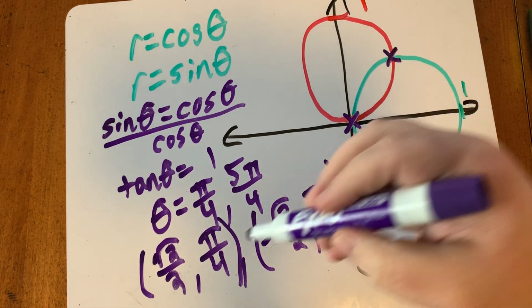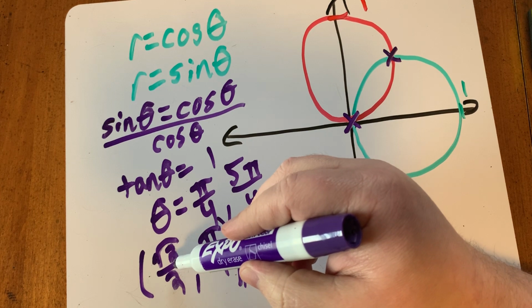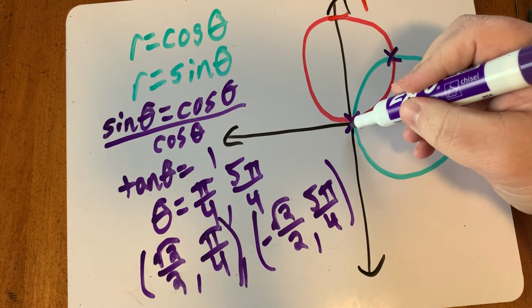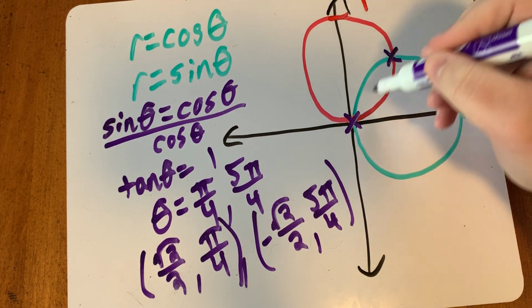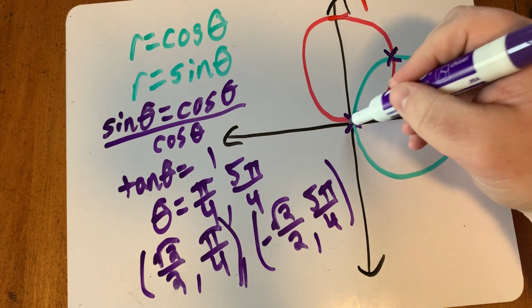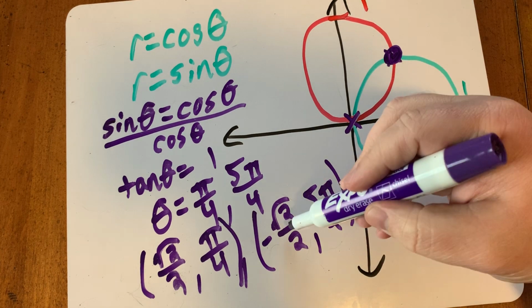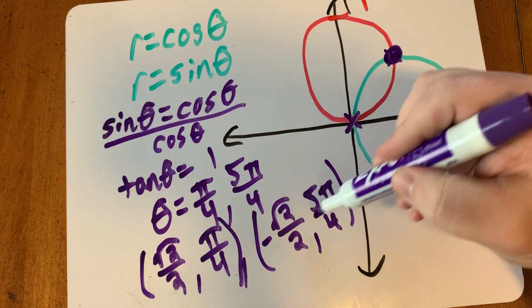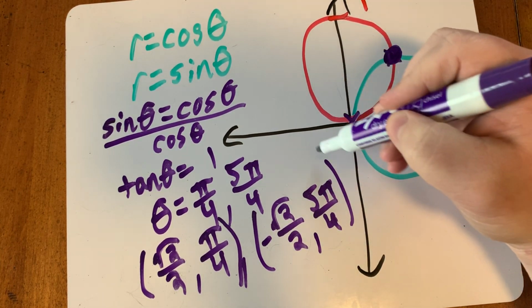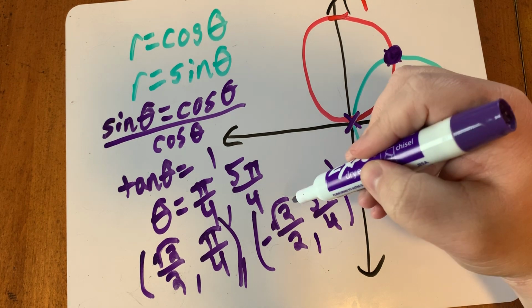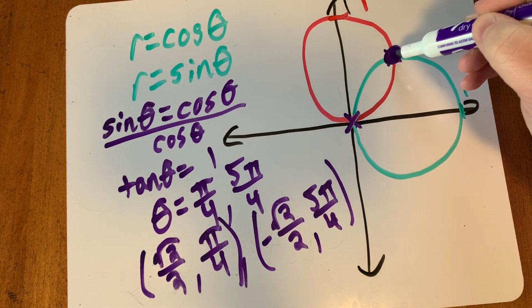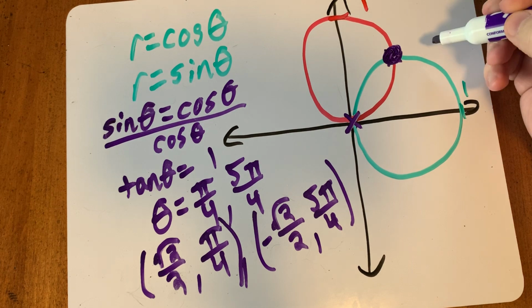So root 2 over 2 comma pi over 4 would be going pi over 4 on the angle, root 2 over 2 from the pole. That will bring us to this point. And then negative root 2 over 2, 5 pi over 4 will be going 5 pi over 4 as our angle, and then going root 2 over 2 backwards, which will bring us to this point as well.